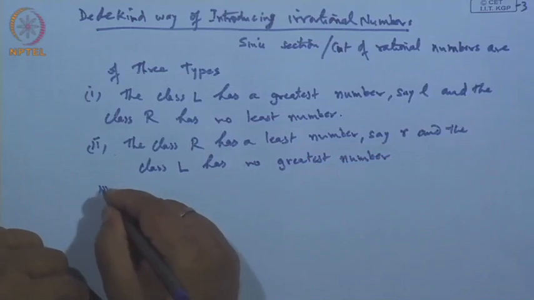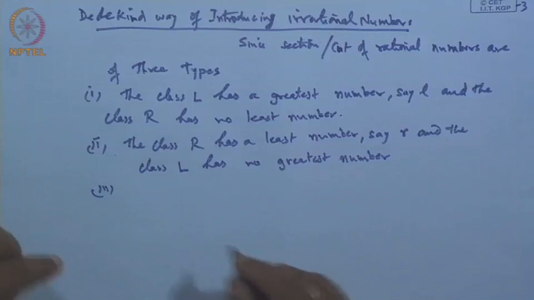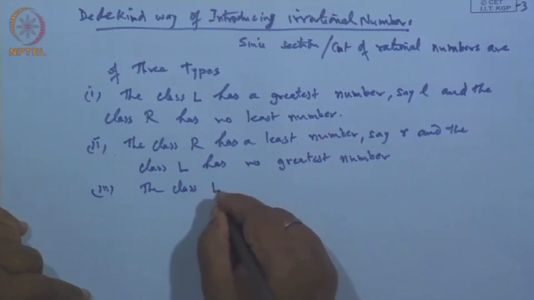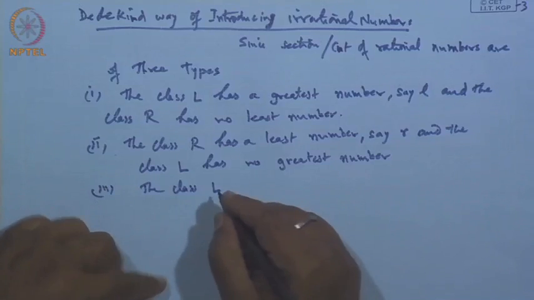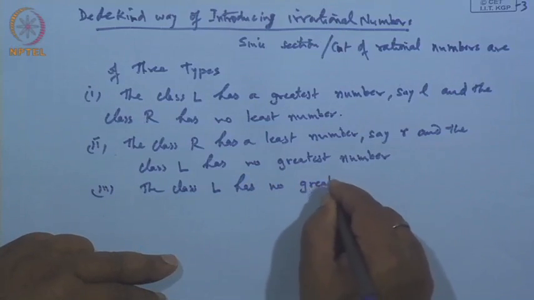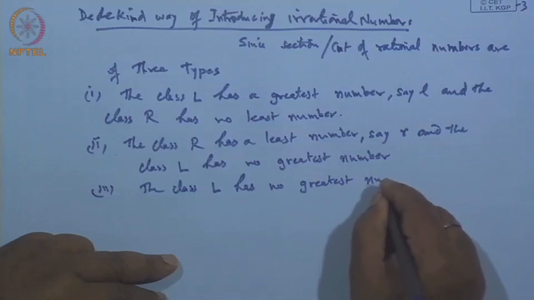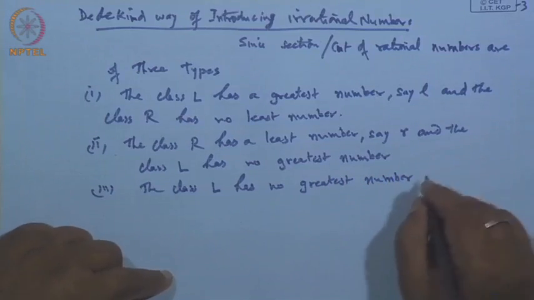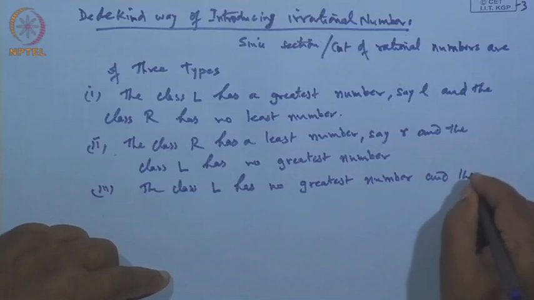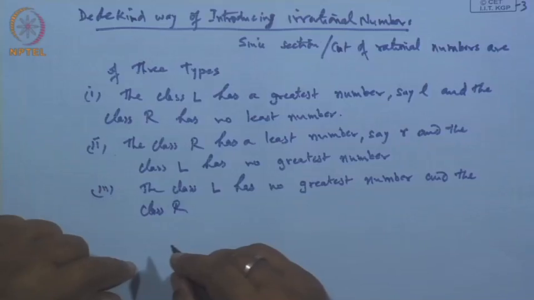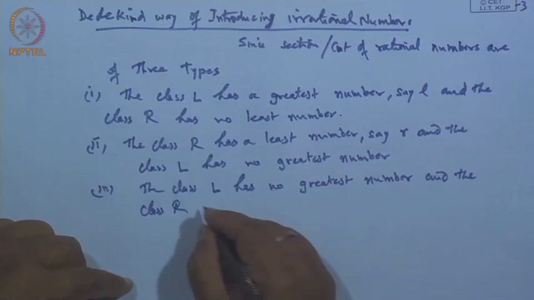And the third type is where the class L has no greatest number, and the class R has no least number.